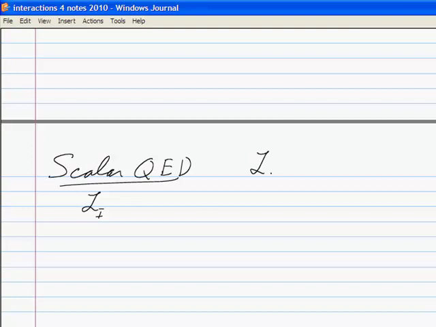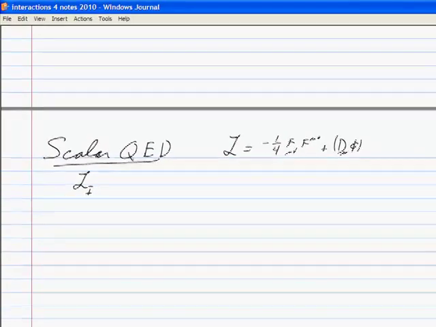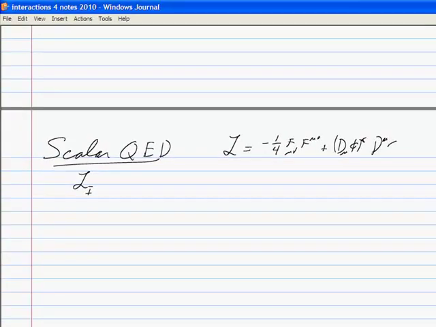Remember, the original Lagrangian, the whole guy, starts off as minus a quarter F mu nu F mu nu. That's an F. Plus d mu phi star d mu phi. In fact, that's all we need for scalar QED by itself.